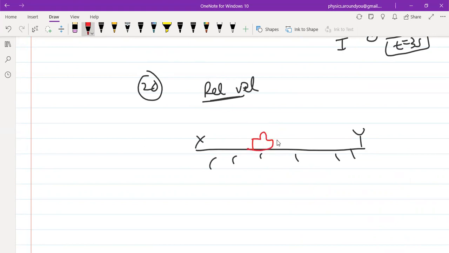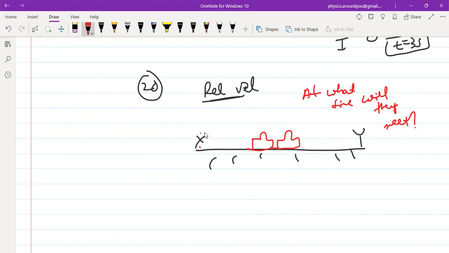When will the first cars meet? Find that out. At what time will the first car from X and the first car from Y meet?